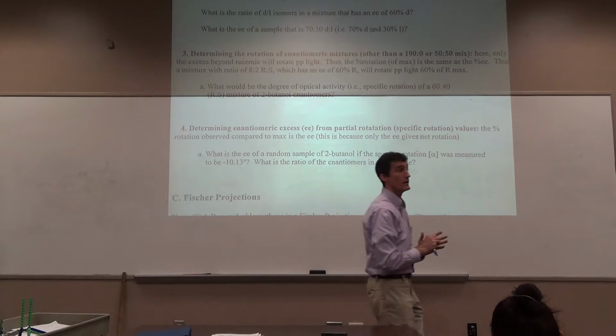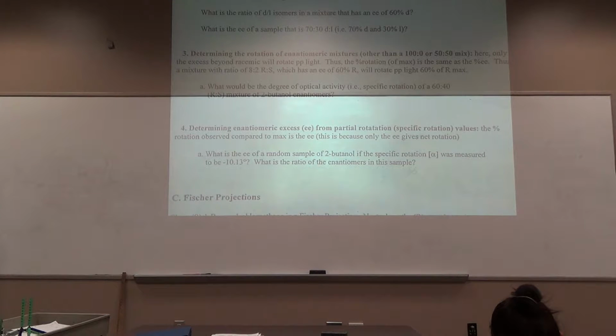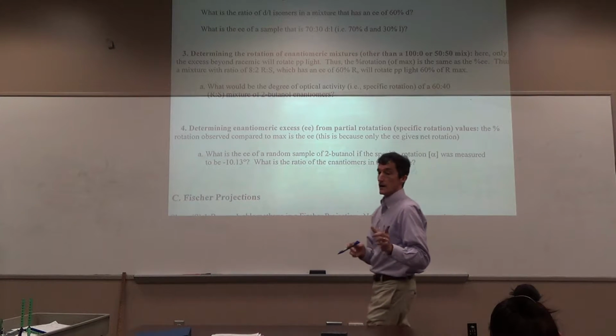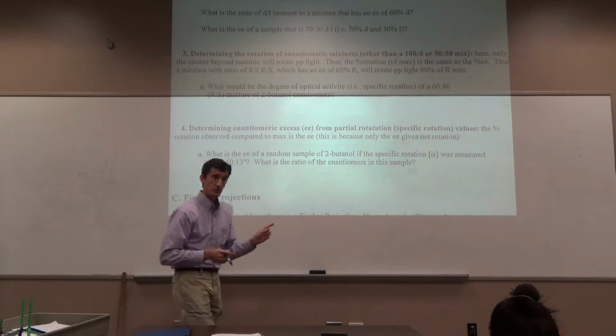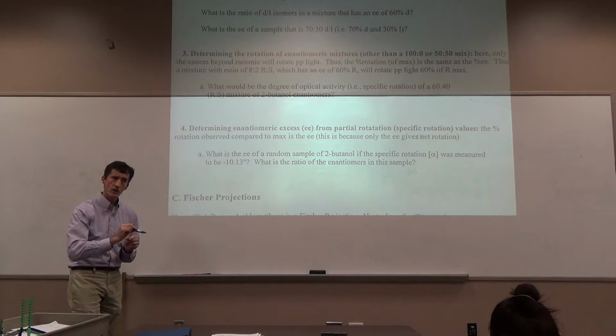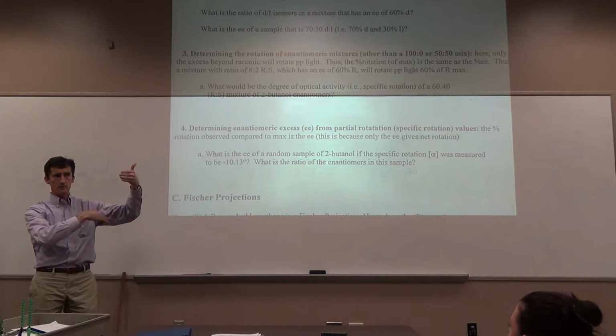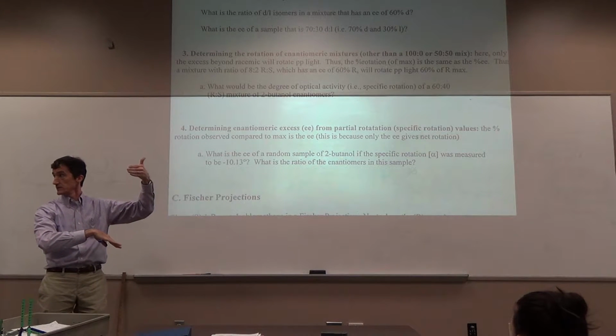But Dr. Stevens, I thought L and D were how much it would rotate plane-polarized light. Right. Didn't you say it was like R and S a moment ago? But on Tuesday, we said for 2-butanol, it can also be called L. Is that right?